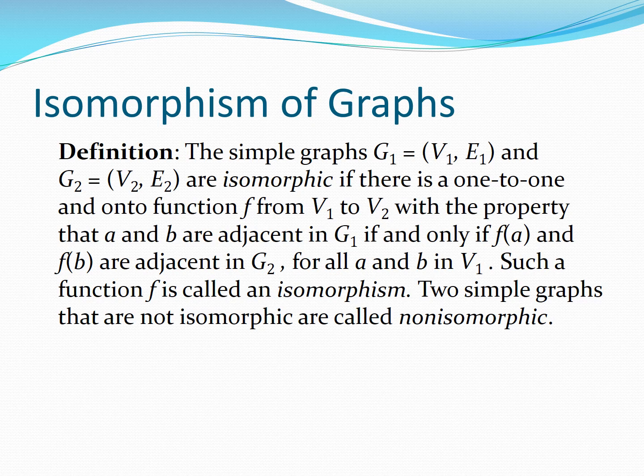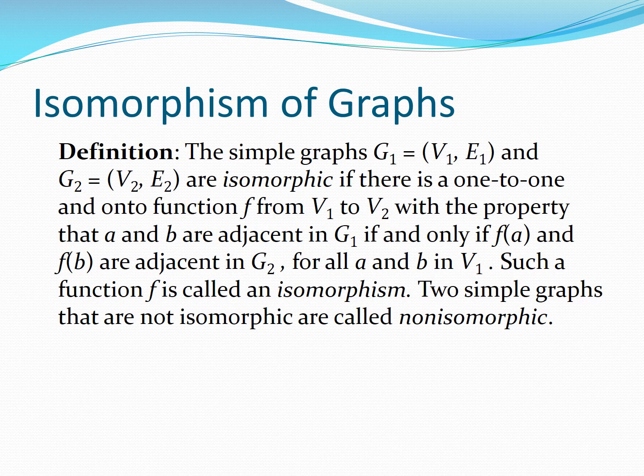When there is a one-to-one correspondence and an onto correspondence from the set of vertices in the first graph to the set of vertices in the second graph, such that if two vertices A and B are adjacent to each other in the graph G1, then the corresponding vertices in your graph G2 are also going to be adjacent.